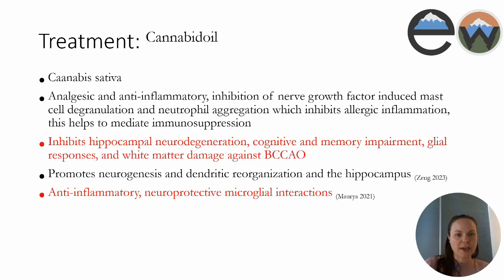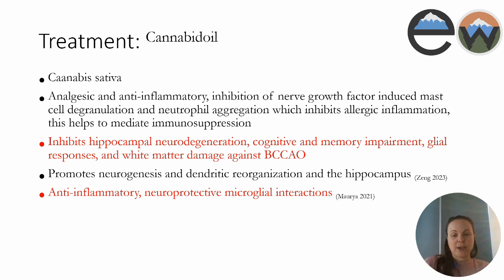Okay, cannabidiol. I know that CBD is less of a hot topic now, I feel like, right? Less of a hot topic, but it's a mast cell stabilizer. And I think that's why it's more of a hot topic for us, because some people do use it for mast cell stabilization. Also to know, it helps in protective mechanisms of the hippocampus, cognition, memory, glial responses.